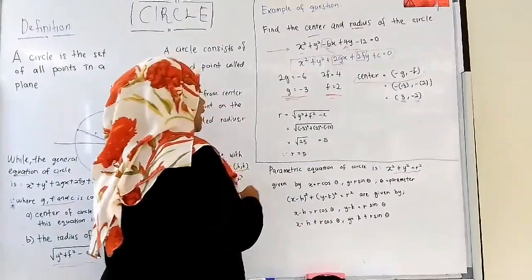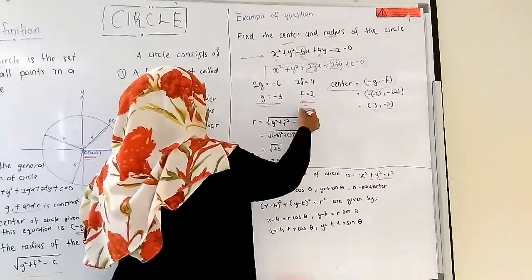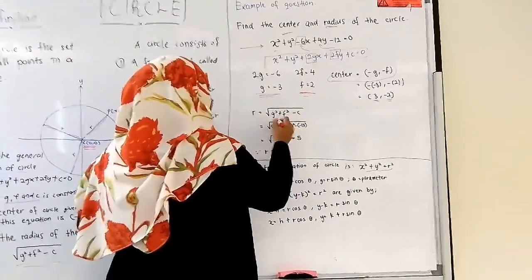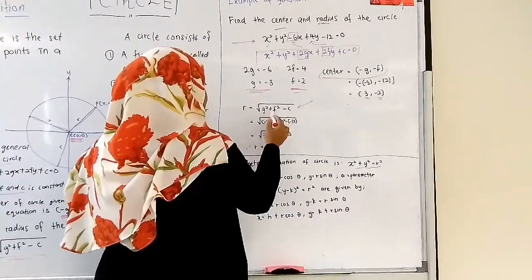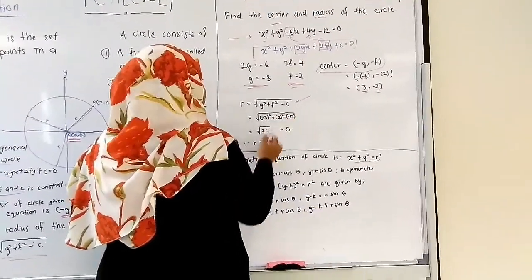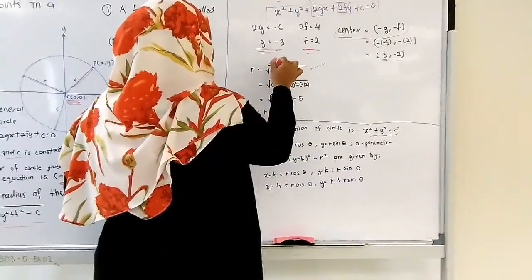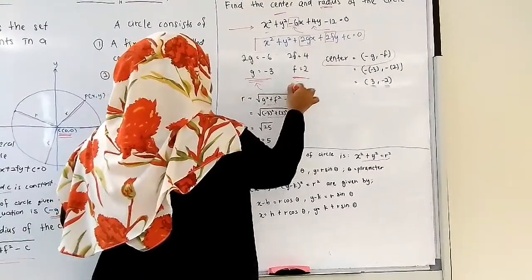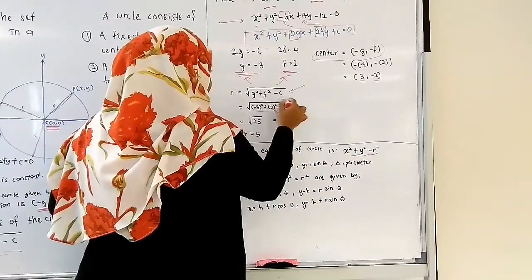Then we can get the radius by putting the values into this formula, square root of g squared plus f squared minus c. The g and f we take from here. Then where do I get the c?